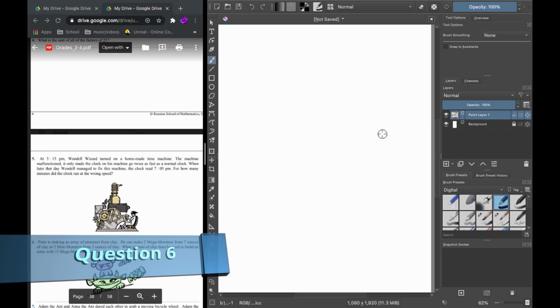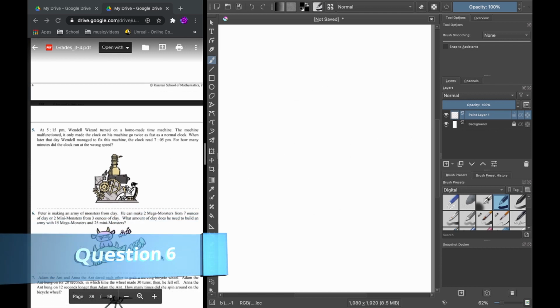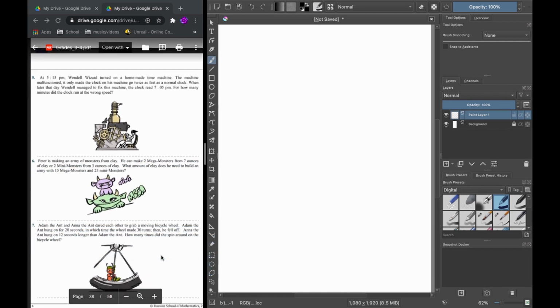Moving on to question number 6. Peter is making an army of monsters from clay. He can make 2 mega monsters from 7 ounces of clay, or 2 mini monsters from 3 ounces of clay.